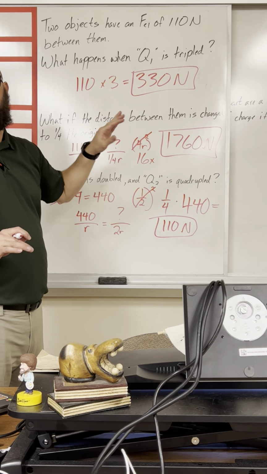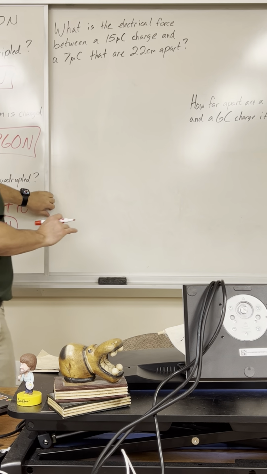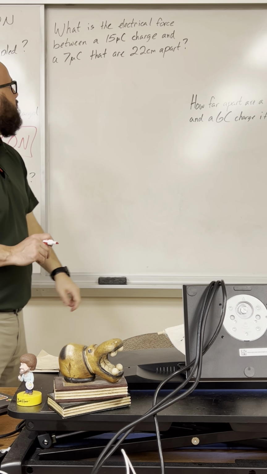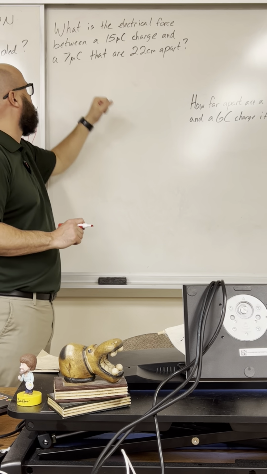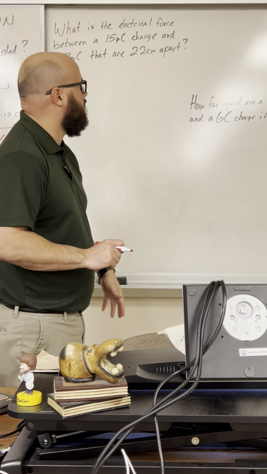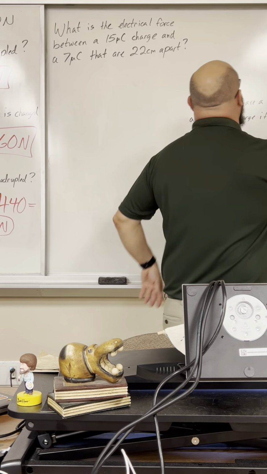Let's move into actually using Coulomb's law. What is the electrical force between a 15 microcoulomb charge and a 7 microcoulomb charge that are 22 centimeters apart? Before we start anything, we're going to write a few things down. First up, the formula.